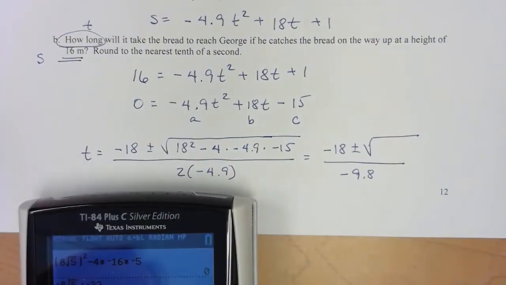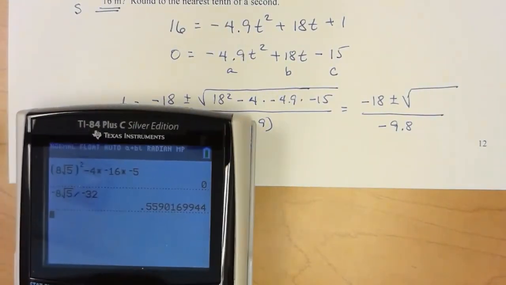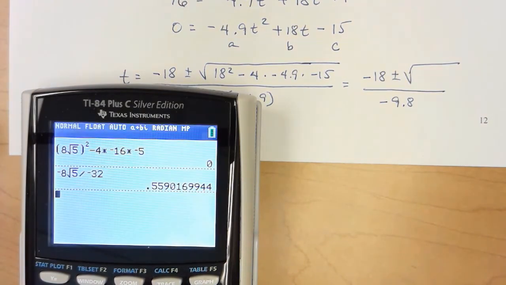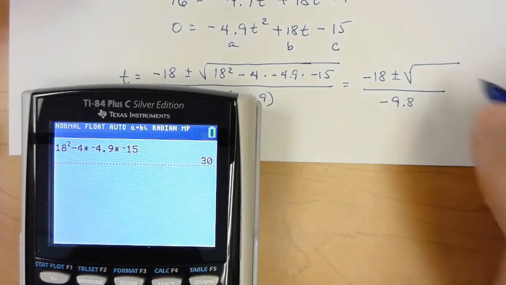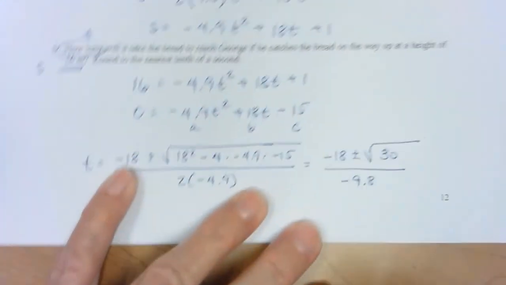Let me get my calculator back. Let's see if we can see this. I guess if I turn it on. So 18 squared minus 4 times negative 4.9 times negative 15. So that is 30. Okay, let me erase that line.